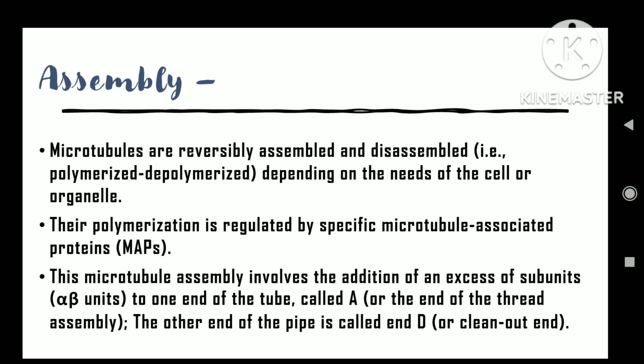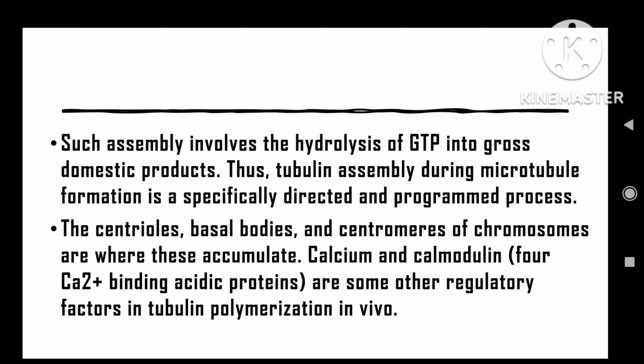The assembly of microtubules involves preferential addition of subunits to one end of the tubule called the A end, and the other end of the tubule is the D end. Such an assembly involves the hydrolysis of GTP to GDP. Thus, the assembly of tubulin in the formation of microtubules is a specifically oriented and programmed process.